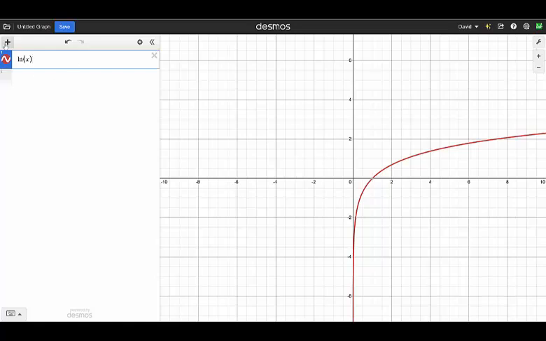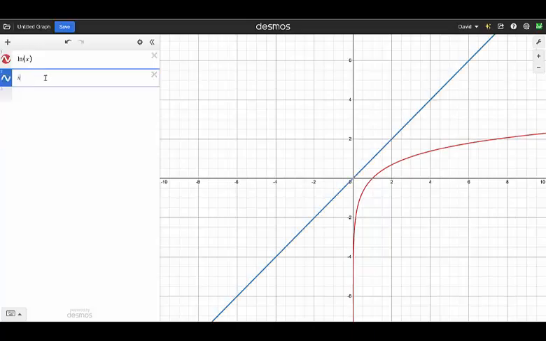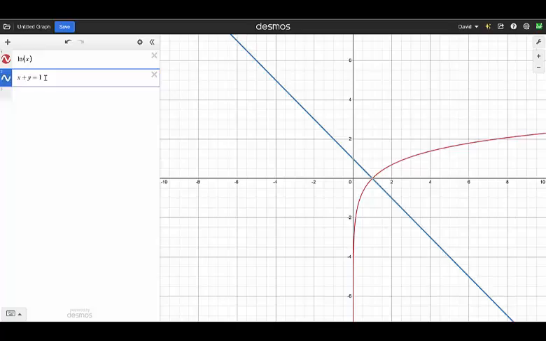Then our second equation, we'll add one, was x plus y equals 1. Let me just make sure that that was correct. Went back, made sure, yes. So we look at our graph here.